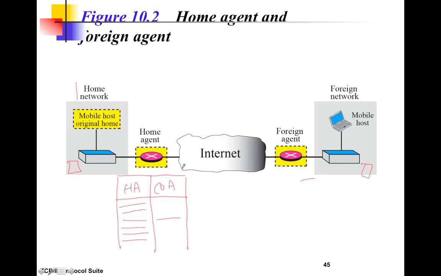And if you want to continue staying, then you have to apply to extend the visa or extend the ID. Right? You have to apply to extend the ID. And then you may or may not be given that extension. Okay? So this is a similar concept for mobile IP as well.